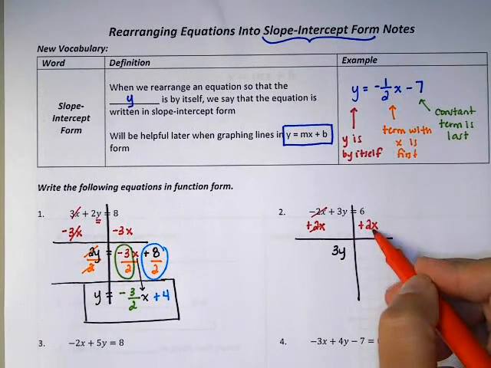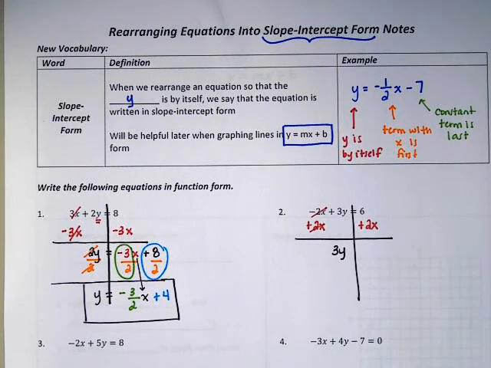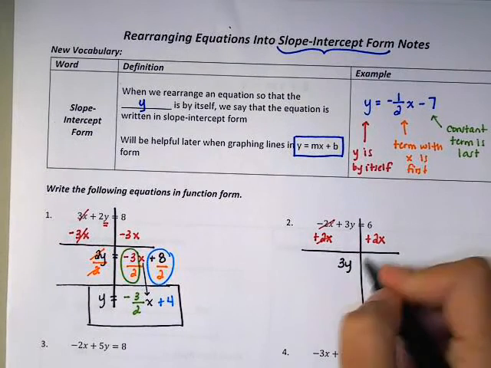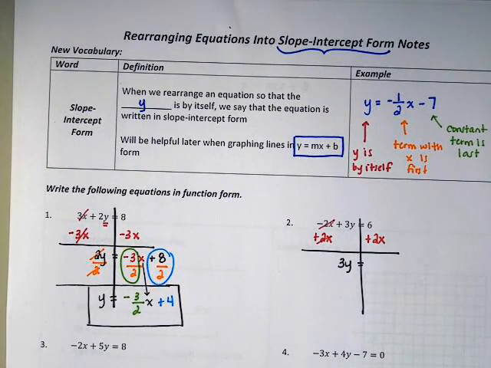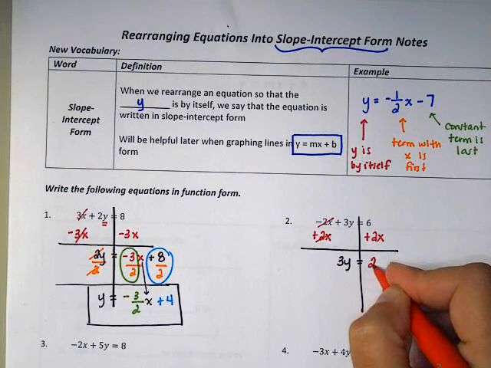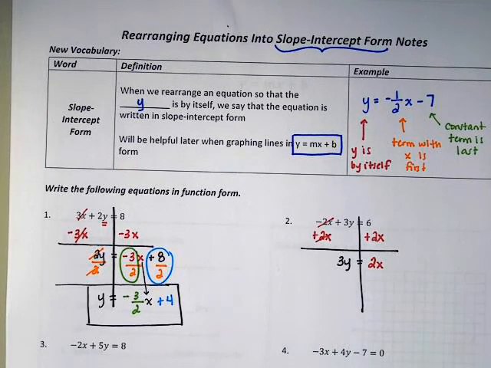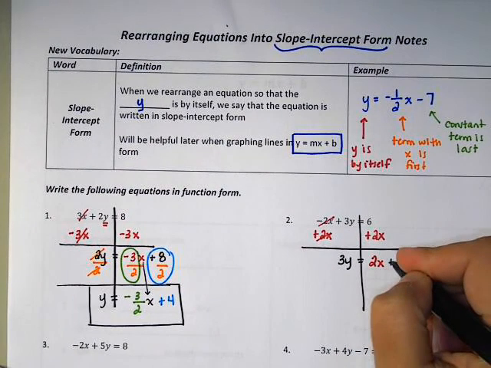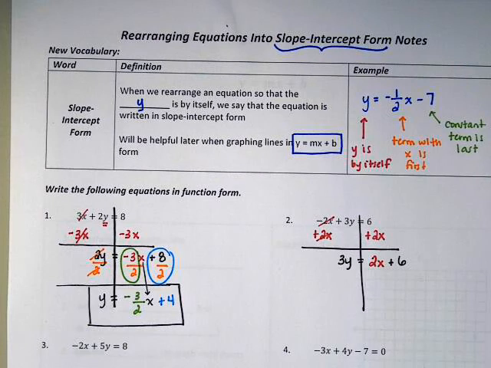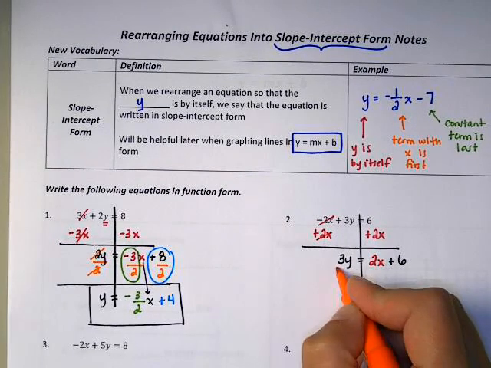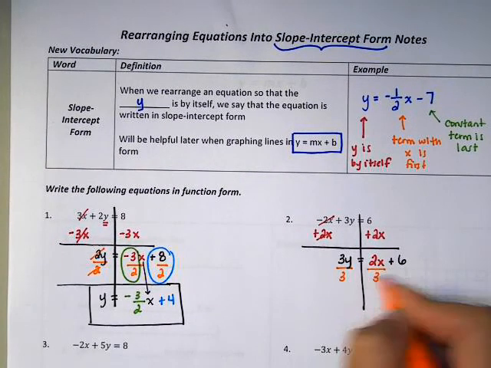Just like in the previous problem, the 6 and the 2x are not like terms, so I can't combine them. Instead, I'm going to write them separately, but I'm going to make sure that the 2x goes first and the number, which is a positive 6, so I'm adding in a plus sign there, goes second. Now I need to get the y by itself, so I'm going to divide everybody by 3.